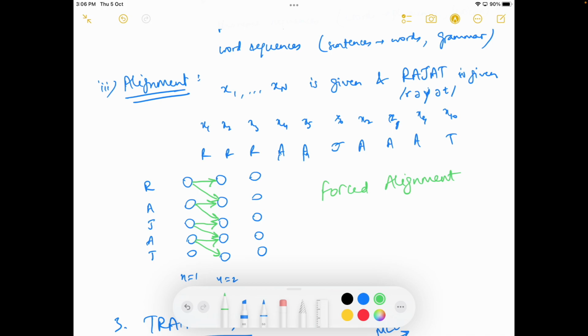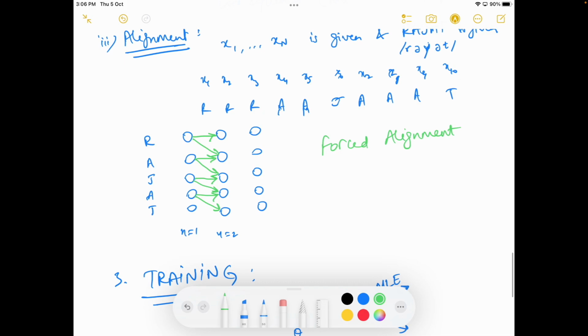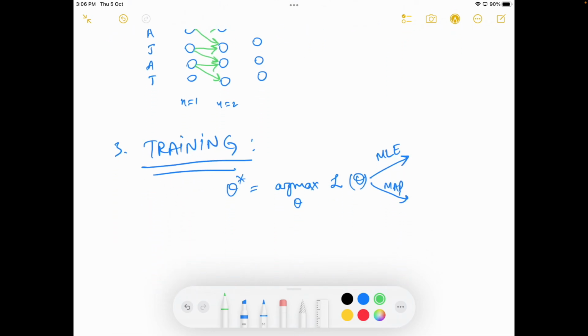Alignment means I map every frame to one of those states. So that's how we do it. It's like finding the best path when the order is given, but not the exact z values for every state, for every time.